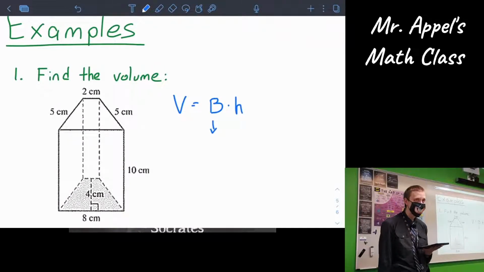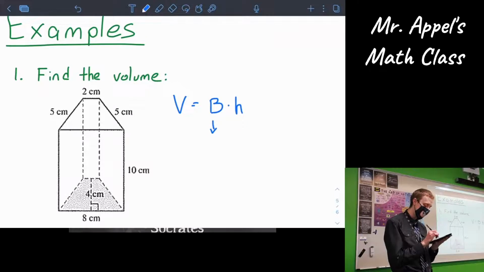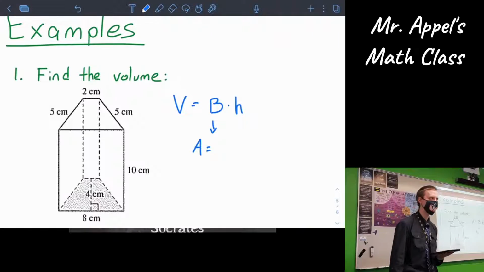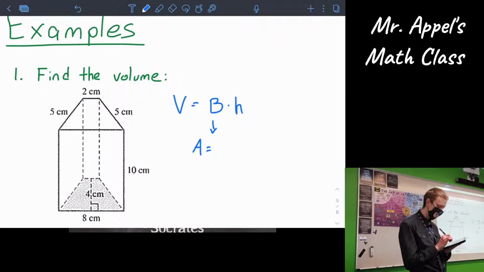Now, the base of our prism is itself a trapezoid, so we need to find the area of a trapezoid. What's the formula for the area of a trapezoid? Something like B1 and B2.